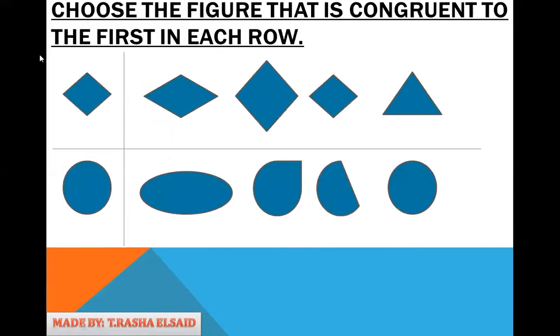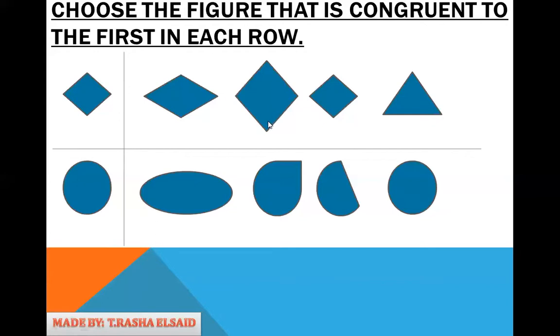Let's take another example. Choose the figure that is congruent to the first in each row. Here he gives you a figure and asks you which one of the other figures is congruent to the first one. Look at this one. This is a square. Okay? Here, this one. What do you think? Is this a square? No, it looks like a rhombus.